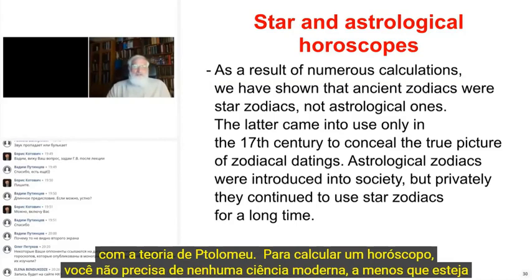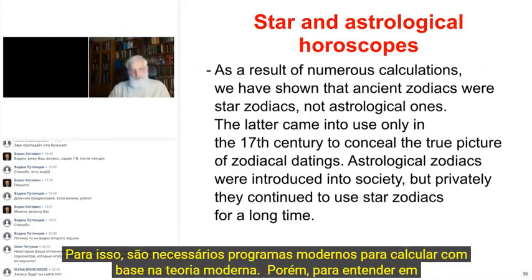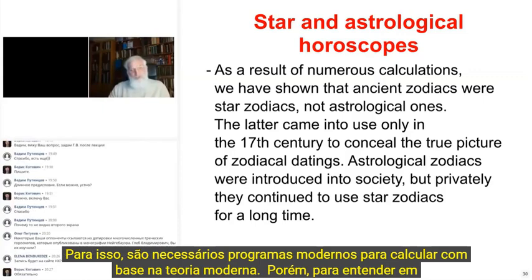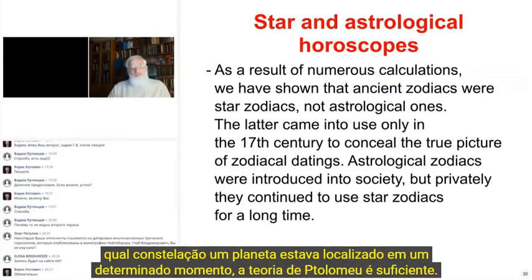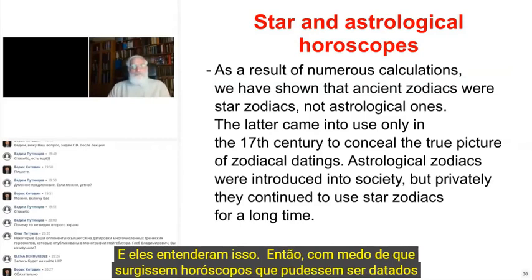To calculate a horoscope, you don't need any modern science, unless you're dealing with nuances, such as whether a particular star was visible or invisible in a given location. For that, modern programs are needed to calculate based on modern theory. However, to understand in which constellation a planet was located at a certain time, Ptolemy theory is sufficient. Therefore, in principle, horoscopes could still be calculated quite well in the 17th century. And they understood this.